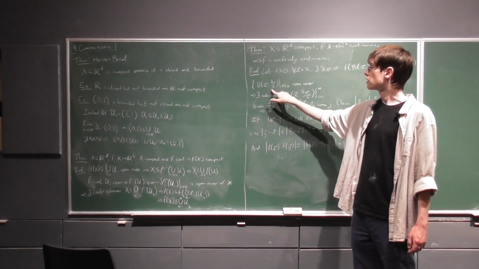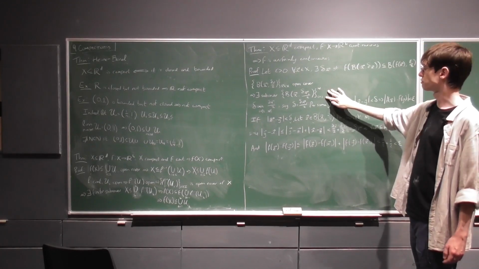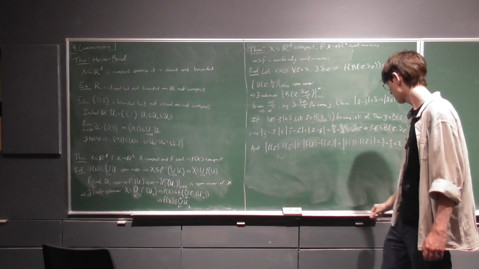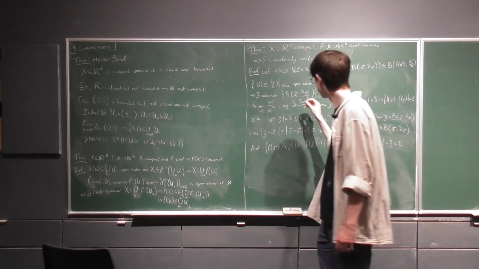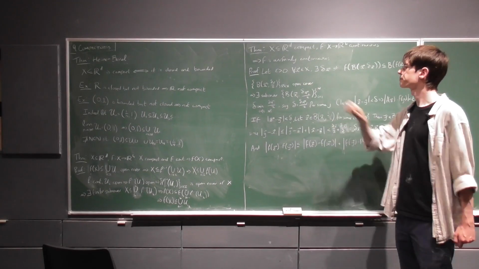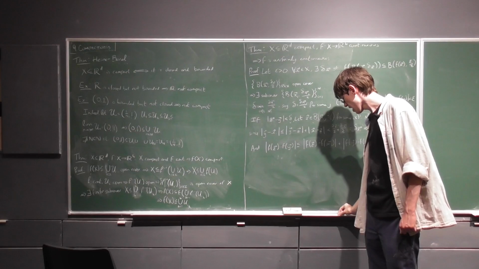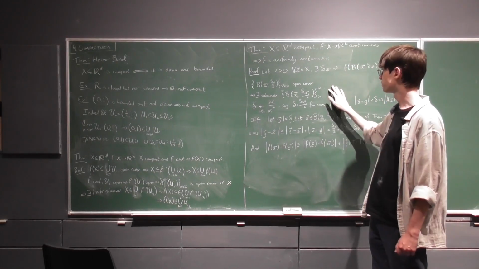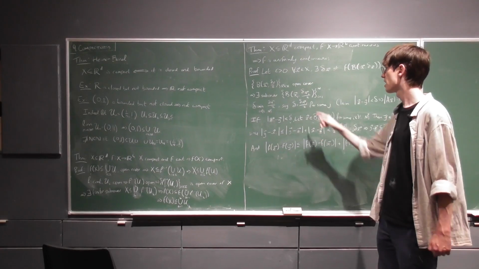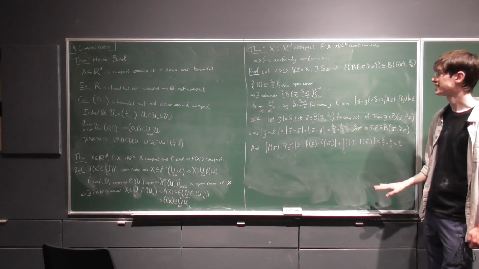Because this is an open cover of x and x is compact, there exists a finite subcover. So we can just take i going from 1 to n and subscript these with i's. Because it's a finite collection of these delta xi over 2's, we can take the minimum of it.